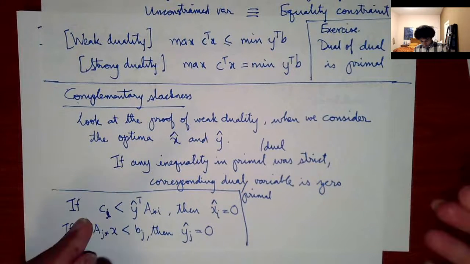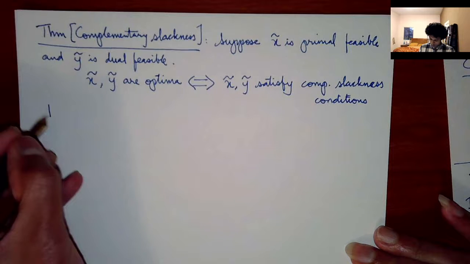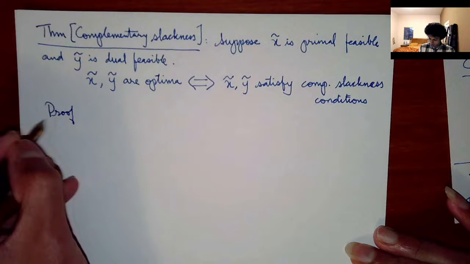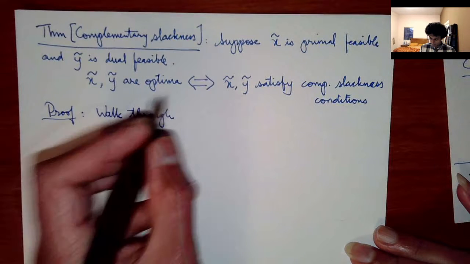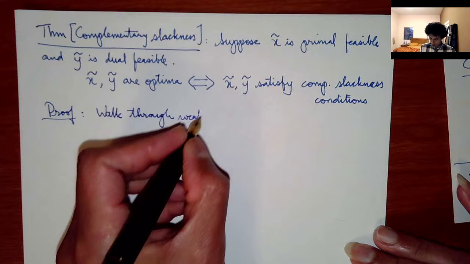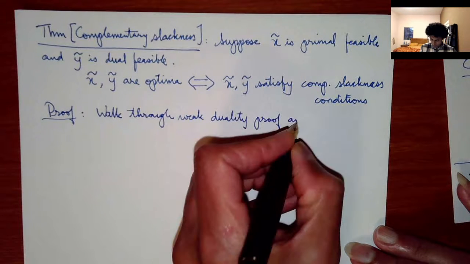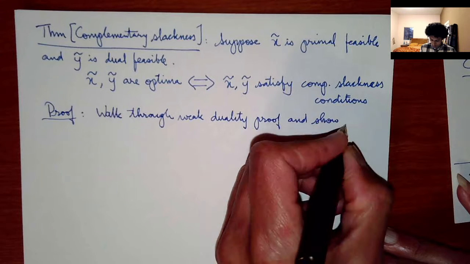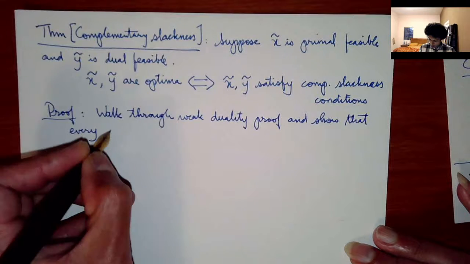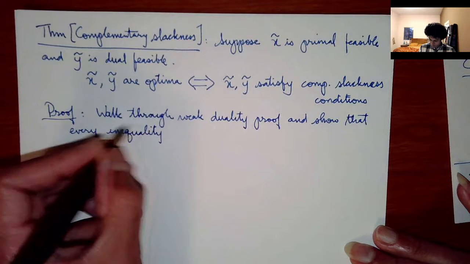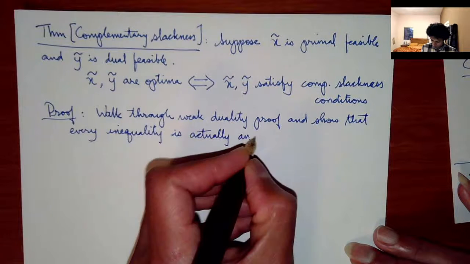The proof is basically to walk through the weak duality proof and show that every inequality is actually an equality.